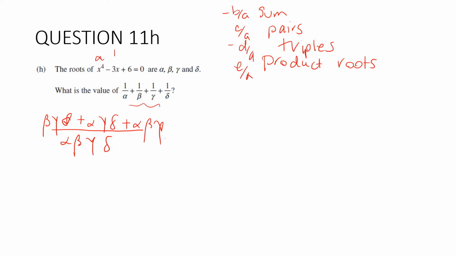A, B and C are 0, D is 3, and E is 6, D is negative 3. So the sum of the triples is going to be negative D on A, which is 3 on 1. And the product of the roots is E on A, E is 6. So therefore, it is going to be equal to the triples on top, 3 over 6, which is a half.